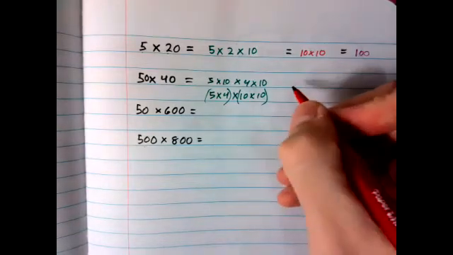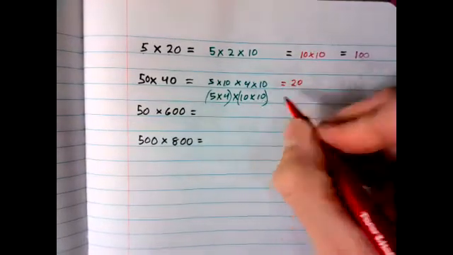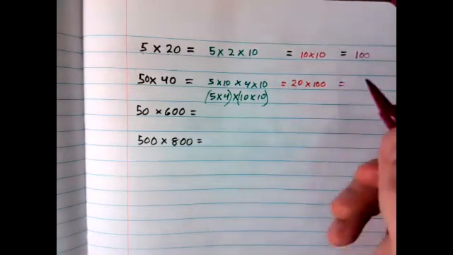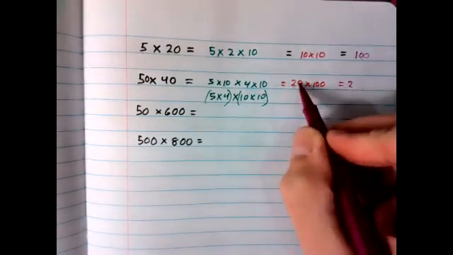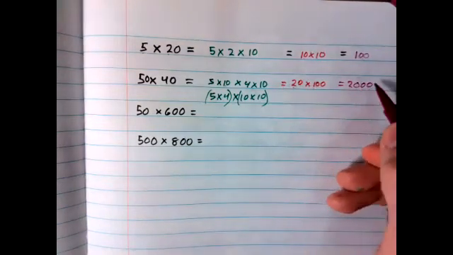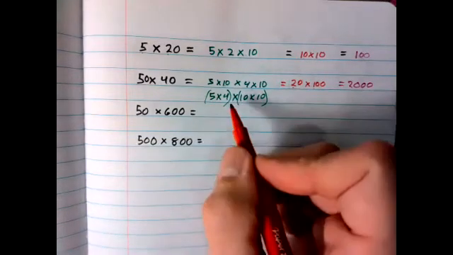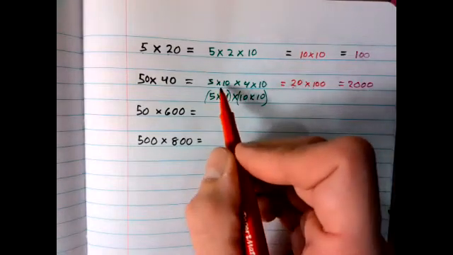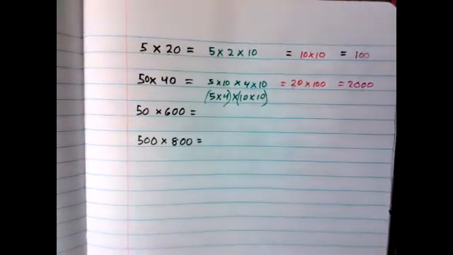What could we end up with? 5 times 4 is 20. 10 times 10 is 100. And now let's use what we know about shift patterns. 2 times 1, 2. 1, 2, 3 zeros, and we'll end up with 2,000. So we're really going to pull that information that we had about the commutative and associative properties.